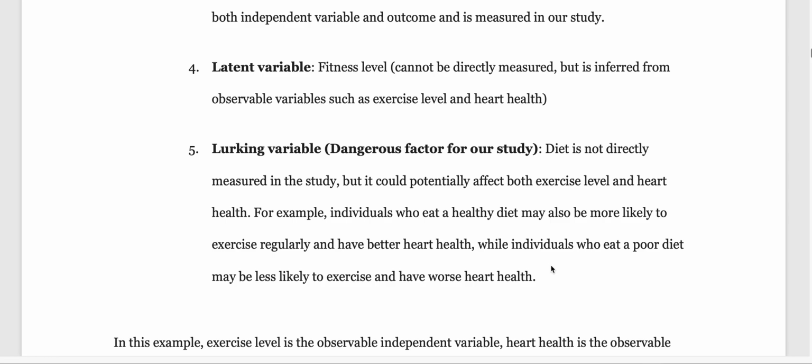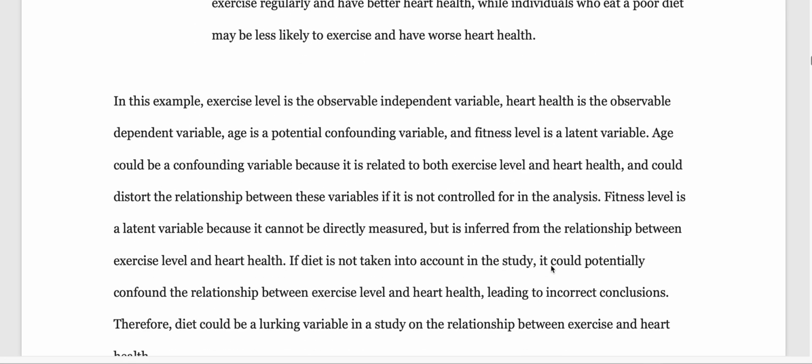For example, individuals who eat a healthy diet may also be more likely to exercise regularly and have better heart health, while individuals who eat a poor diet may be less likely to exercise and have worse heart health.